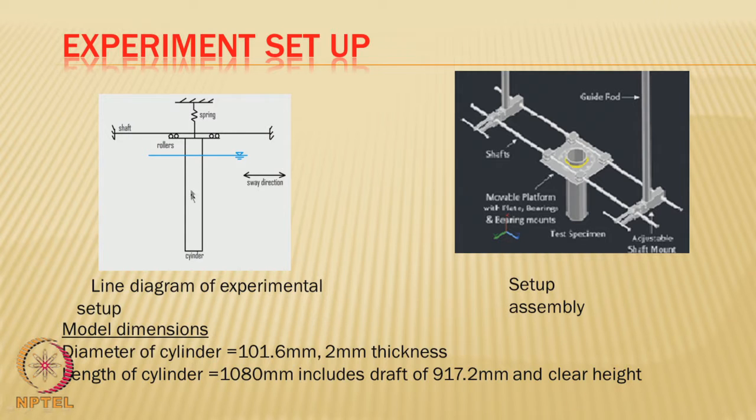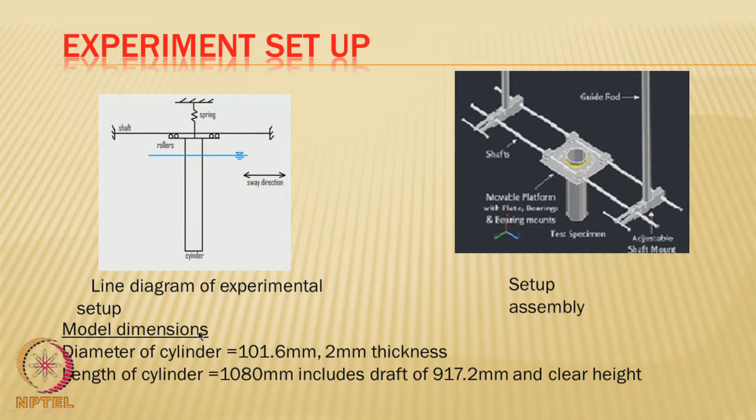A cylindrical member is suspended from a spring, from a support, and there is a horizontal shaft which holds the cylinder by means of rollers. The full setup in a 3-dimensional view is shown in the photograph here, which is the setup assembly.